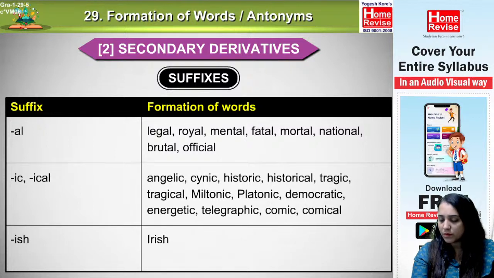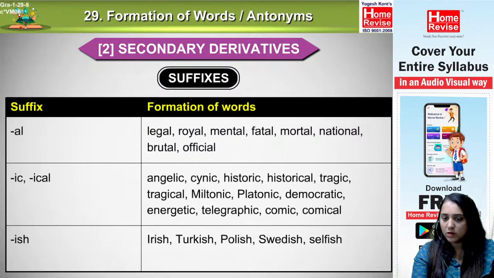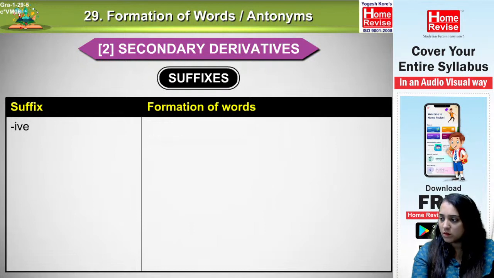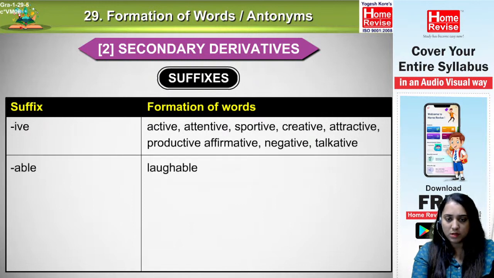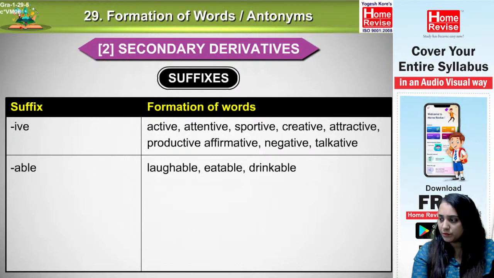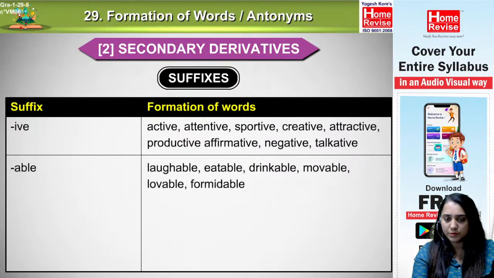ISH: Irish, Turkish, Polish, Swedish, selfish, foolish, boyish, childish, blackish. IVE: active, attentive, sportive, creative, attractive, productive, affirmative, negative, talkative. ABLE: laughable, eatable, drinkable, movable, lovable, formidable, answerable.